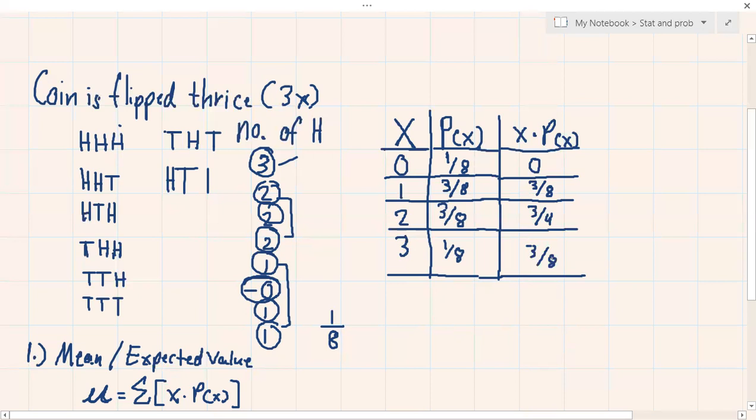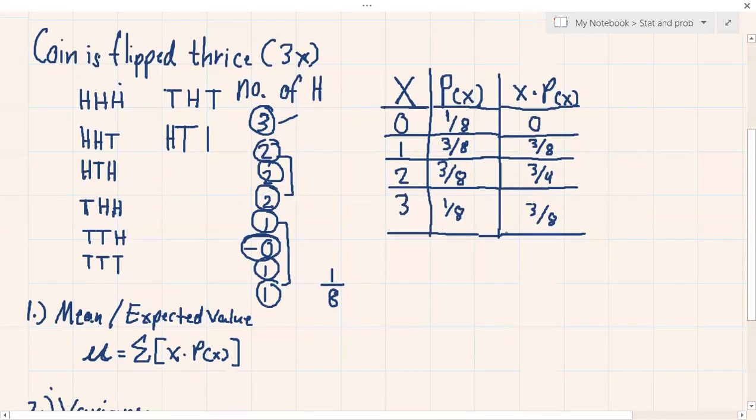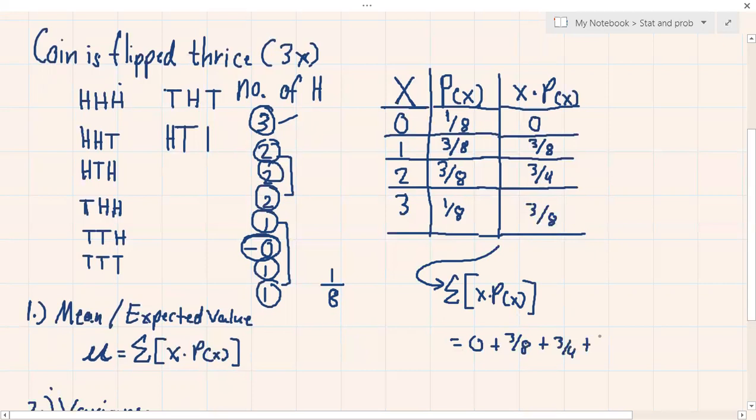Ayan. So yan. Now, what we can do here is we will now add them together. Okay? Para makuha natin si mean. So this is the summation of x times p of x. So yan natin lahat sila. So isulat ko na to sa baba. So we have 0 plus 3/8 plus 3/4 plus 3/8.